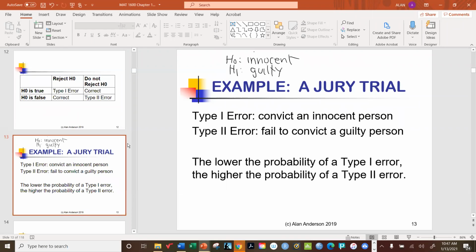Because you rejected the null, that they're innocent. Now, if they really are innocent and you reject this null, that means you've convicted somebody who actually was innocent in the first place. But here, we fail to reject that null, which means we've let a guilty person get away.